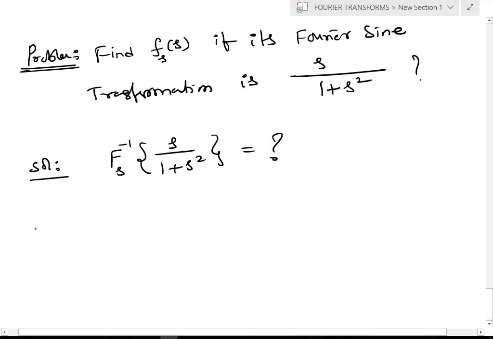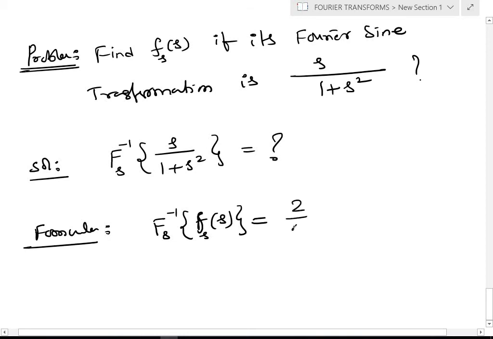So what is the formula we have? The ready-made formula is: inverse Fourier sine transformation of the function f of s is equal to 2 by pi, integral from 0 to infinity, of the Fourier sine transform times sine of sx.